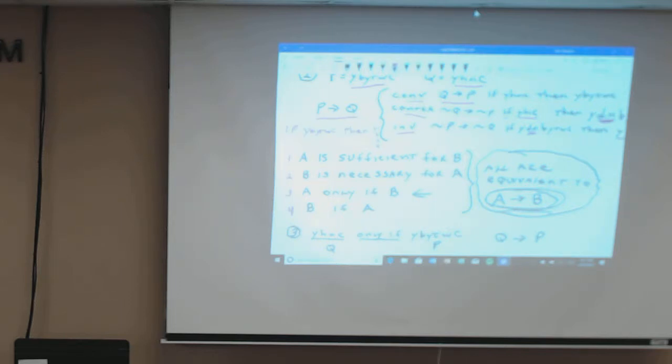A is sufficient for B is equivalent to if A, then B. B is necessary for A is equivalent to if A, then B. A only if B is equivalent to if A, then B. And B if A is equivalent to if A, then B. Okay?